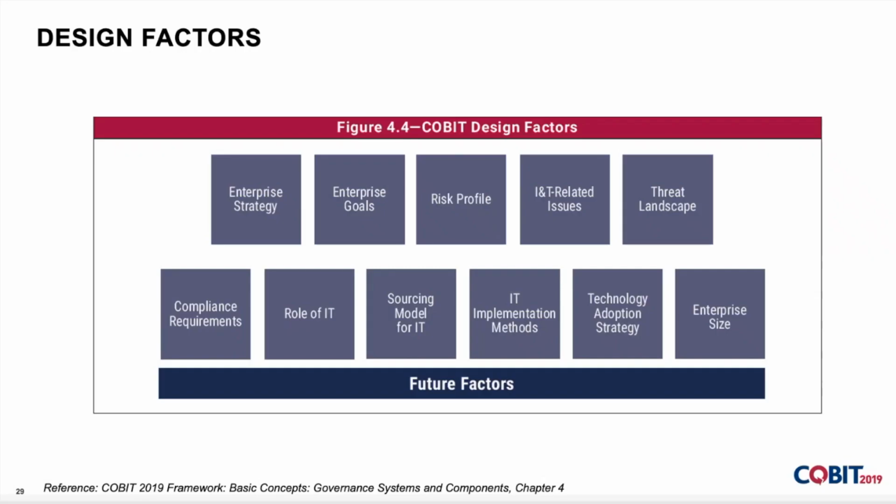And the design factors are aspects which are going to be used and are going to be typically input towards your governance system. So the components itself are basically the building blocks that you will use in order to structure your governance system. The design factors are organization-specific elements which will tailor your governance system.